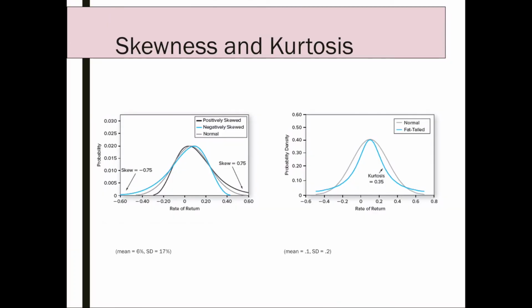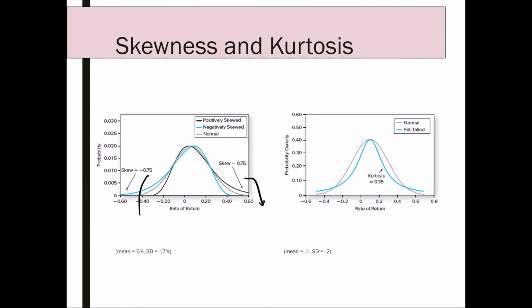So let's take a look at the two skewness and kurtosis charts. Here you can see we have the normal distribution in our light gray chart, where we have that bell shape. If it's positively skewed, this is where standard deviation actually overestimates risk because you have more of your returns above the mean.